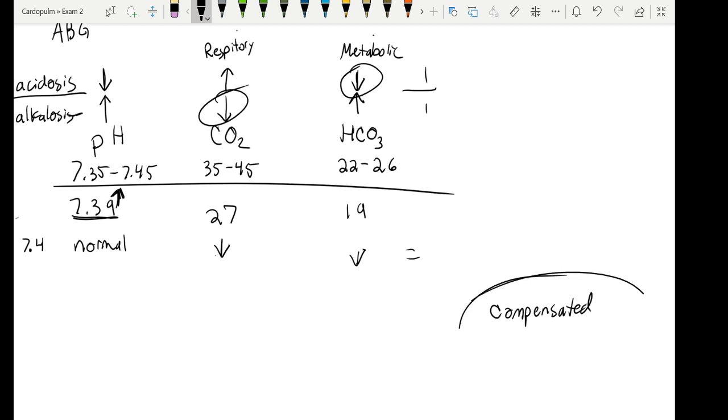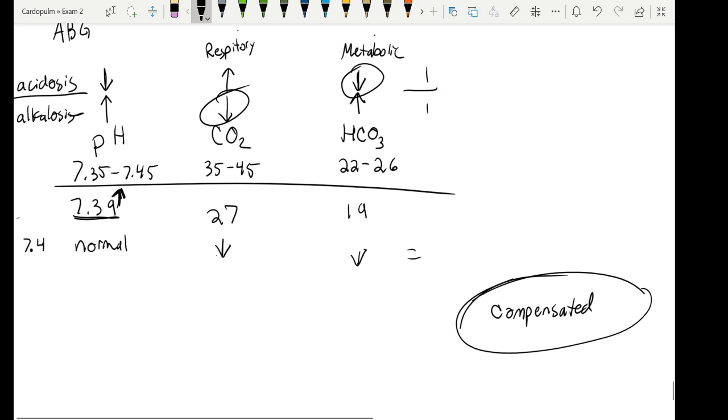We do not know. But 7.4 is our normal. We're a little lower than 7.4, so we're going to put an arrow down. So just like normal, we're going to go across. We know that we're in acidosis just by a hair, but we're still in acidosis.